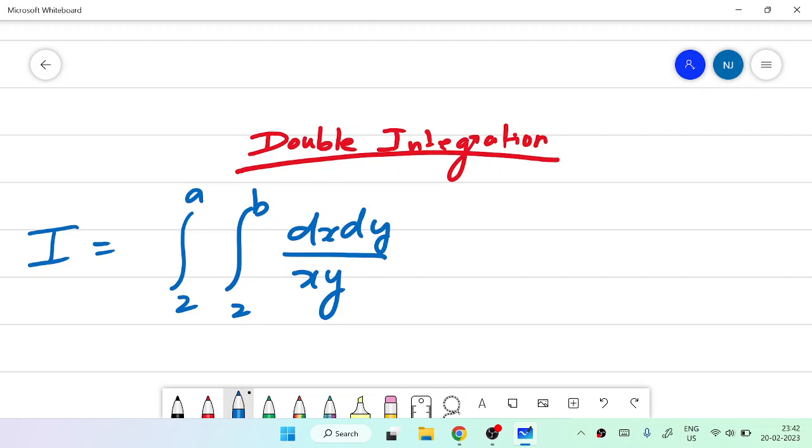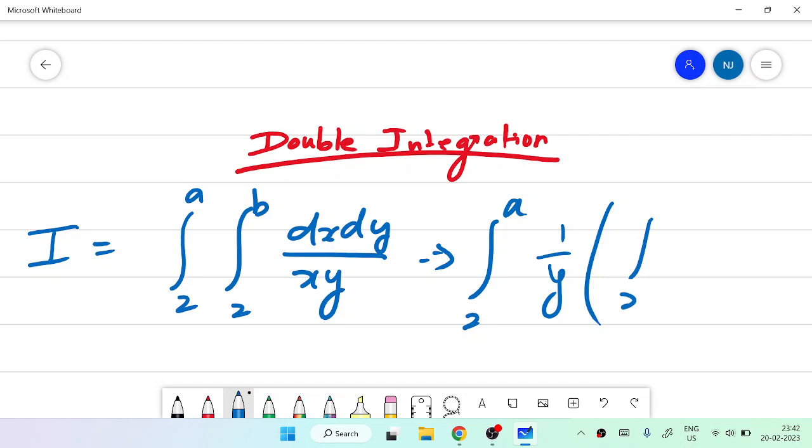First, I'm going to convert my x alone. The integral from 2 to a, keep this as it is. Then bring that 1 by y outside, and put one bracket, and here the integral from 2 to b of dx by x will come, then dy will come.